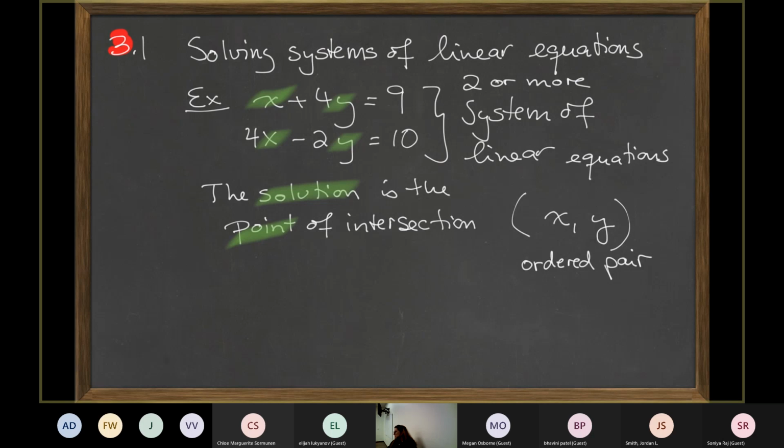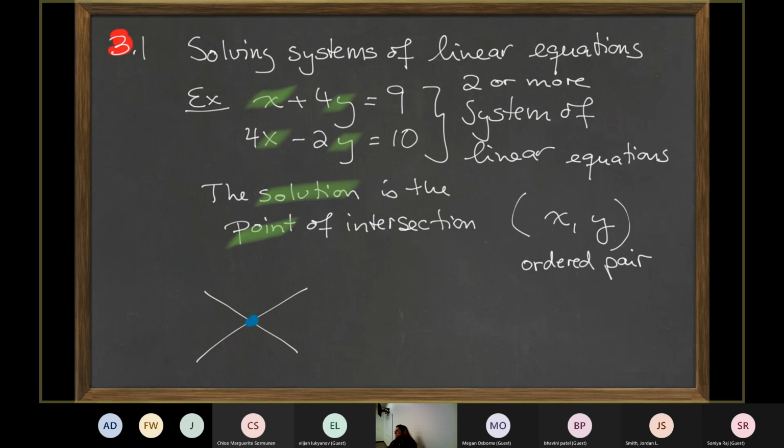Sometimes that's not the case, but the majority of times our two lines, when we graph them, will intersect in some kind of point, and that point, which consists of an x and y coordinate, is the ordered pair, and that would be the solution.